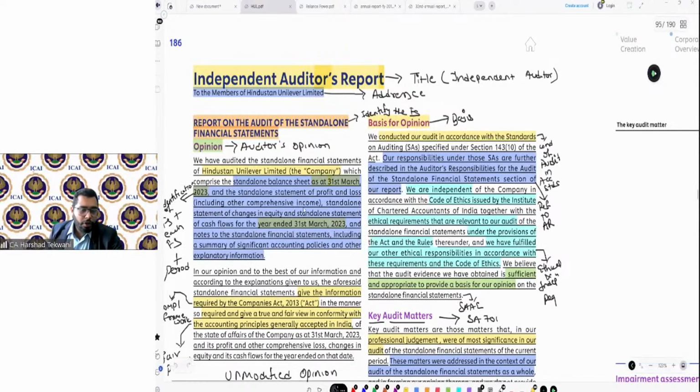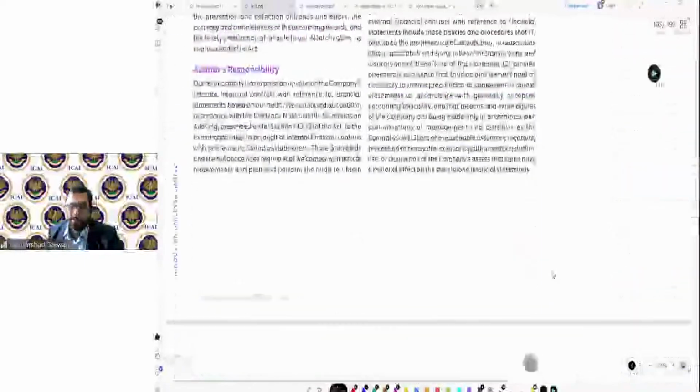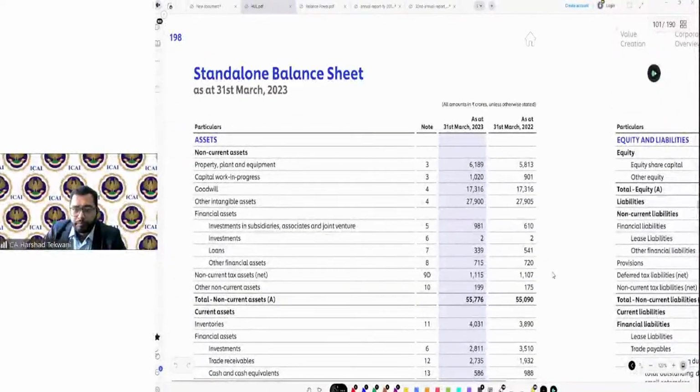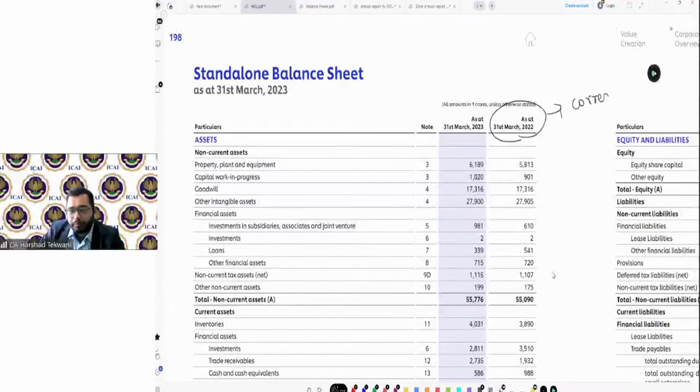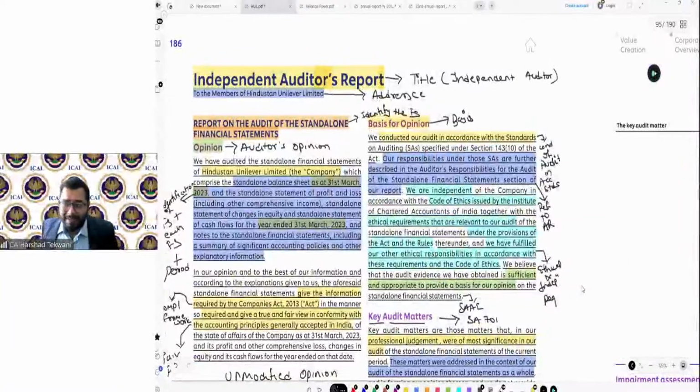If you are saying this is the comparative financial statement, then it's not. These are corresponding figures. I'll tell you why. When I issue a comparative financial statement, I include in my opinion that this is a comparative financial statement.